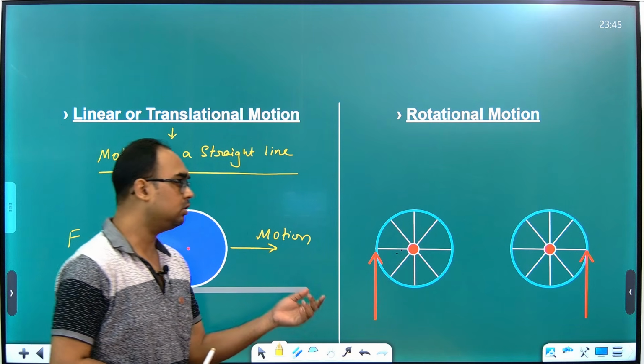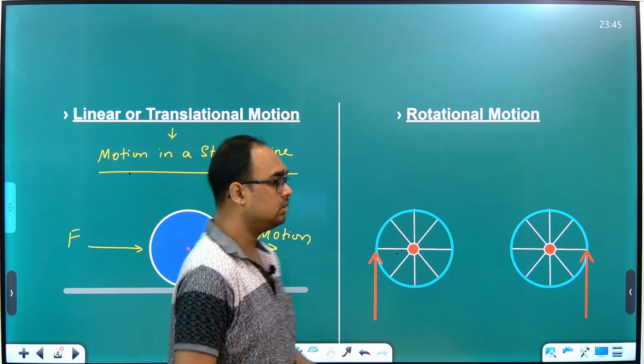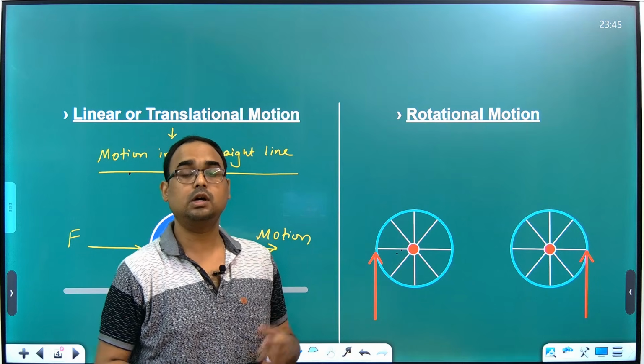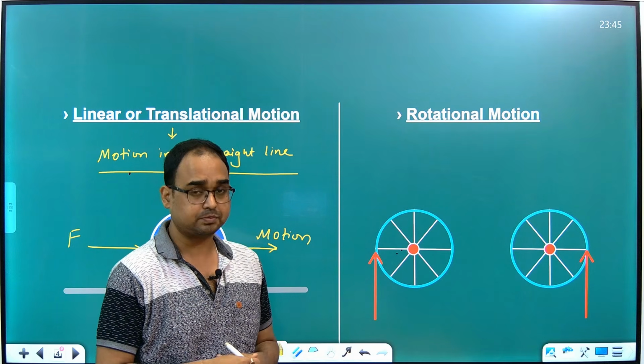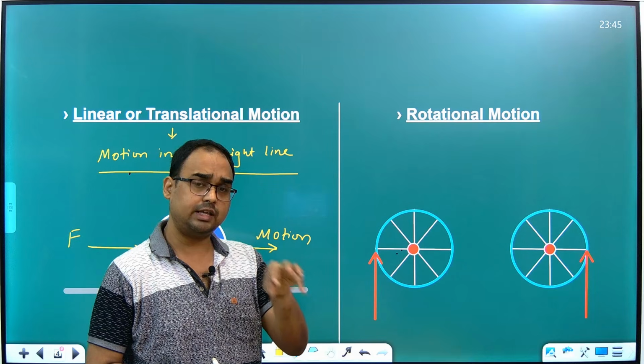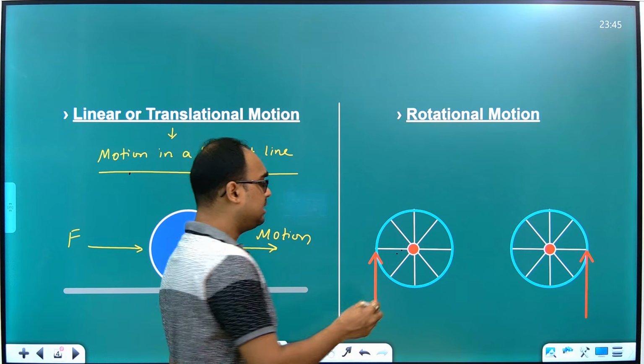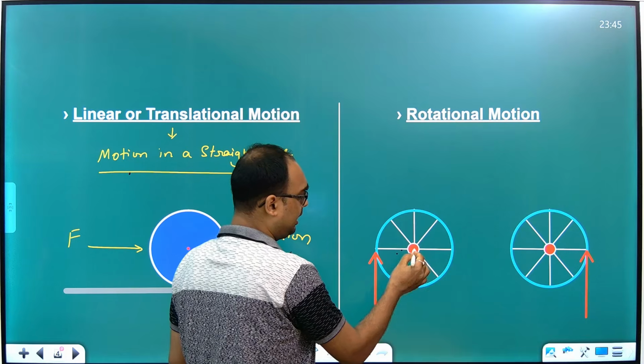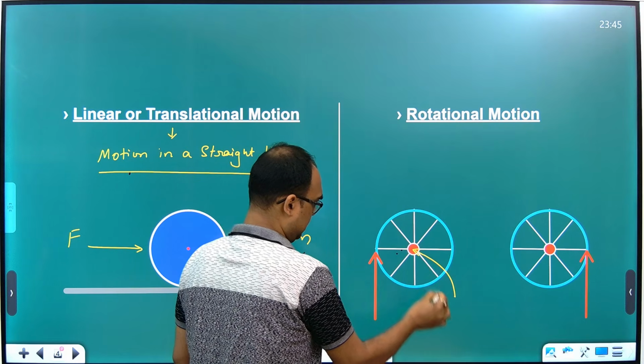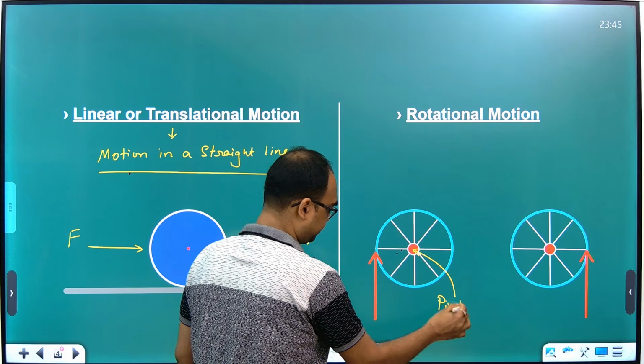What is rotational motion? Now let's assume the wheel of a car, or let's assume the steering of a car. The steering of a car is fixed at the middle, that is the pivot point. This red point in between is your pivot.